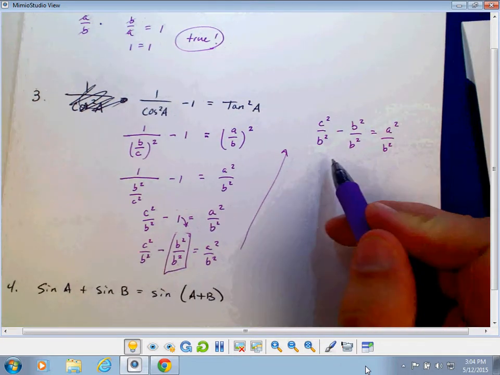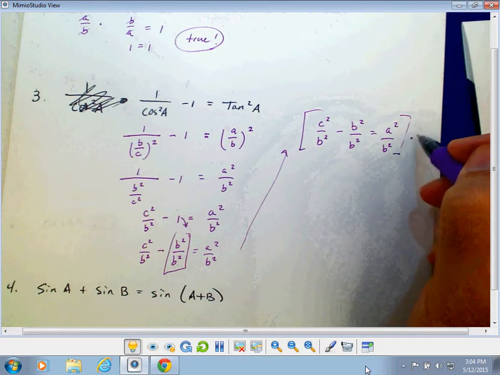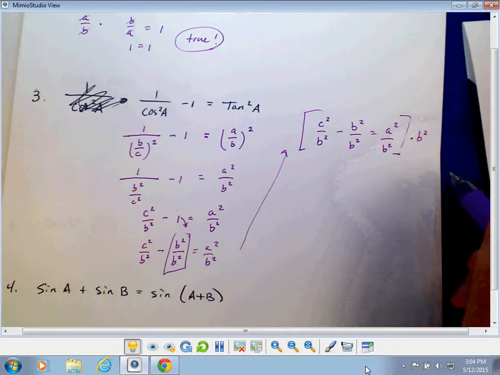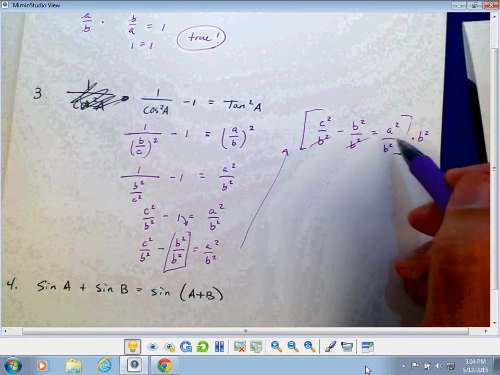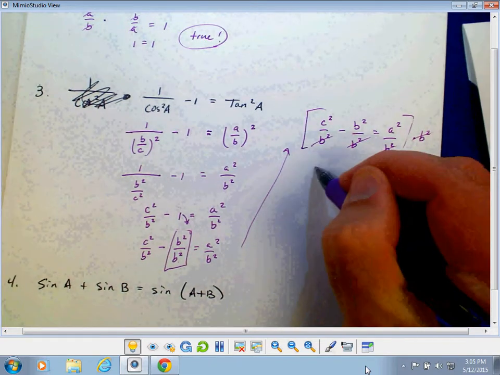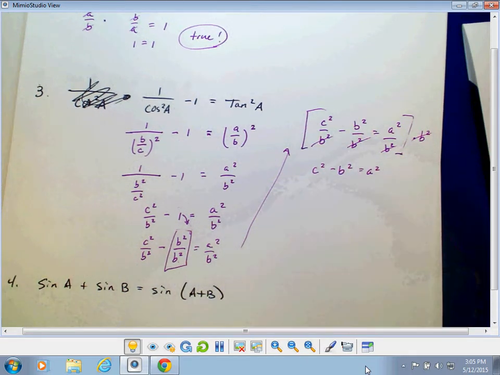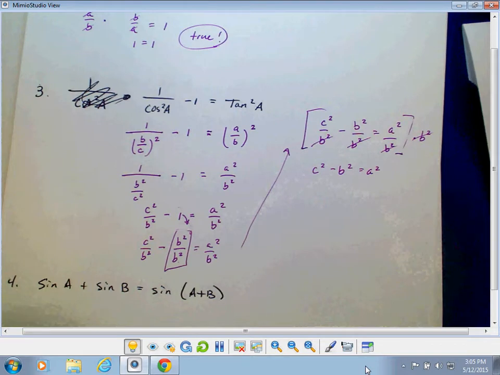Because they're all over B squared, I can take the entire thing and multiply it all by B squared. And what happens is every B squared along the bottom and that one would cancel themselves out, and I'm left with C squared minus B squared equals A squared. And I think, well, how does that help me prove they're equal?